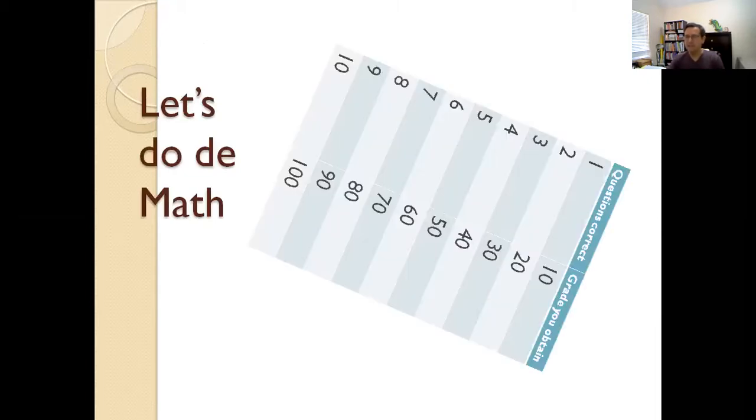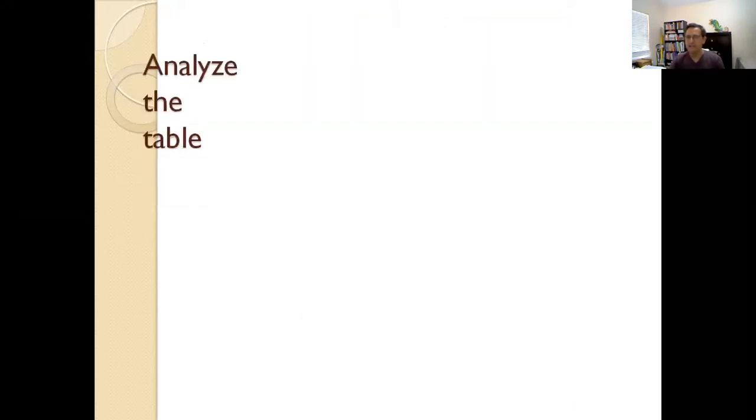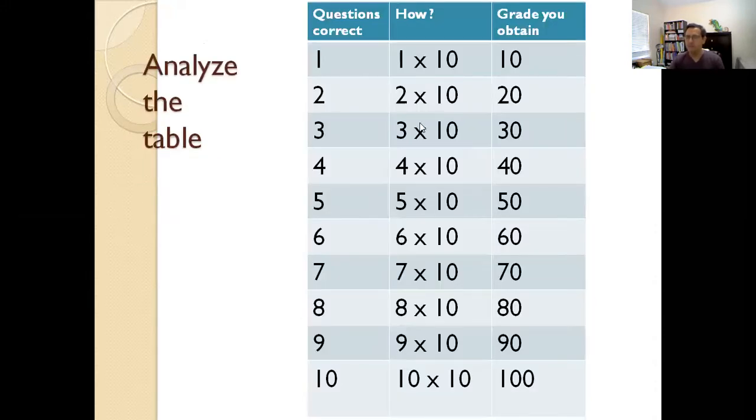This is the table, the input, output. Analyze the table. So this column here is the order, the position of the numbers. In the middle is the rule.